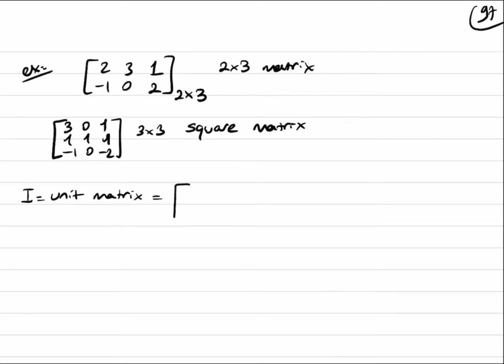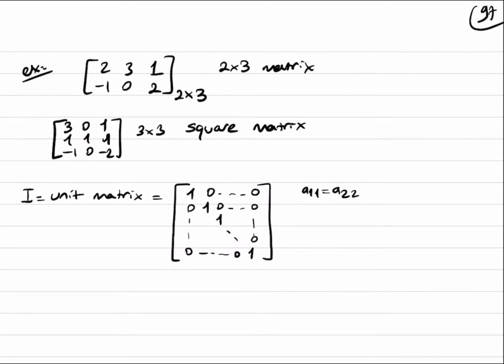And we have one more special matrix, the unit matrix I. In this case we have the diagonals. I forgot to define the diagonal. All the other entries are 0, so we have 0 here. So this is a unit matrix. Here a11, a22, a33 are all equal to 1.